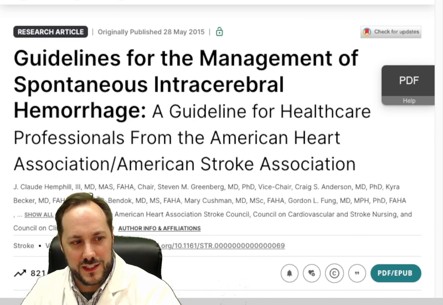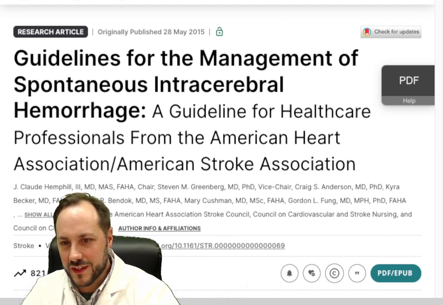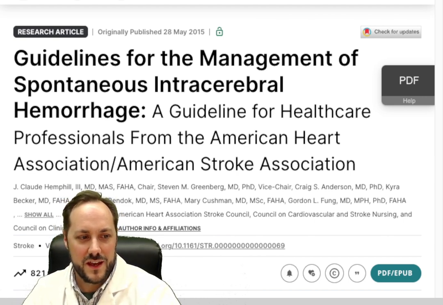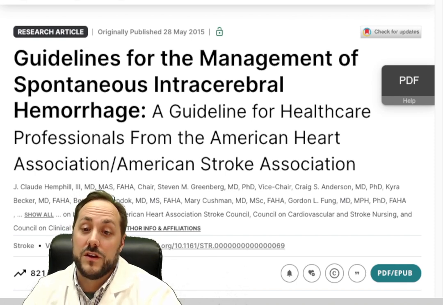They're not really getting into the specifics about how it works or when to use it, but we definitely have protocols at pretty much all hospitals about using hypertonic saline.